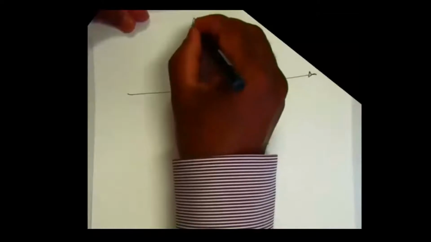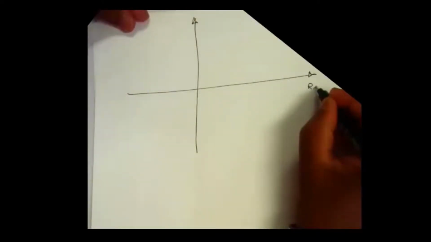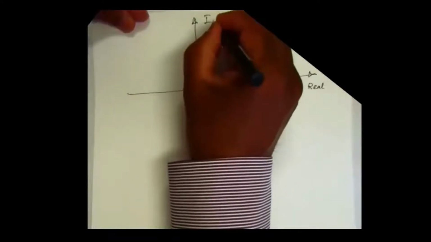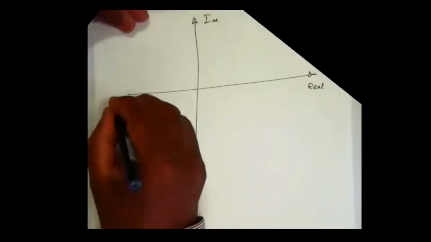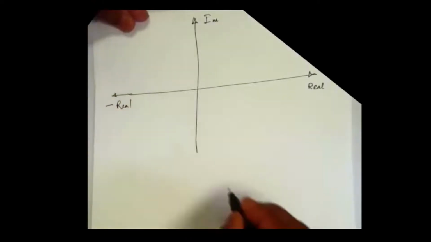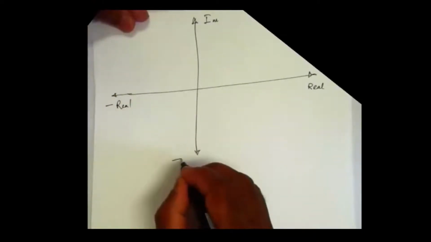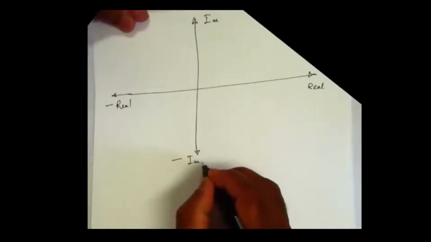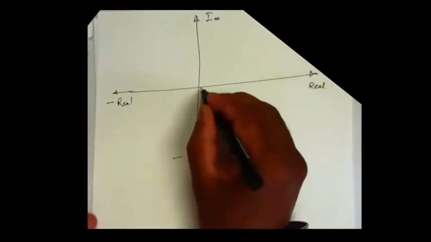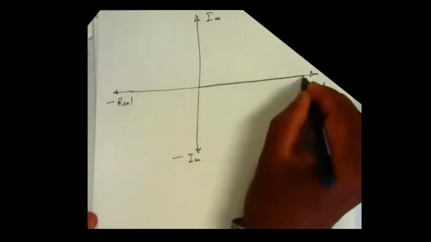So now we can show this as the real axis, and that's the imaginary axis, that's the negative real axis, and that's the negative imaginary axis. Now what we said was we have a phasor here.